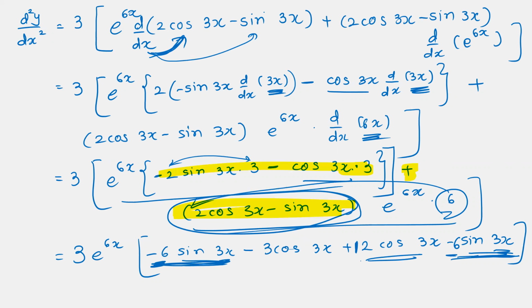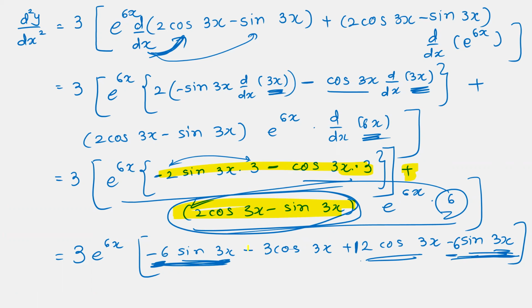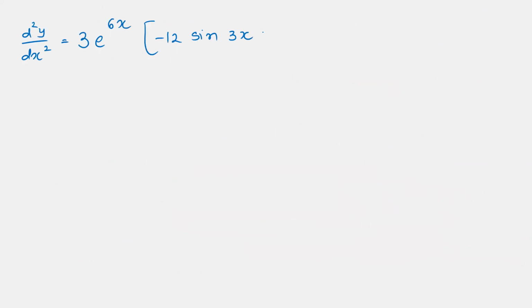One more thing we could see: minus 3 cos 3x and plus 12 cos 3x. We have to see that the angle is the same, otherwise we cannot add them. Minus 3 and plus 12 gives plus 9 cos 3x.